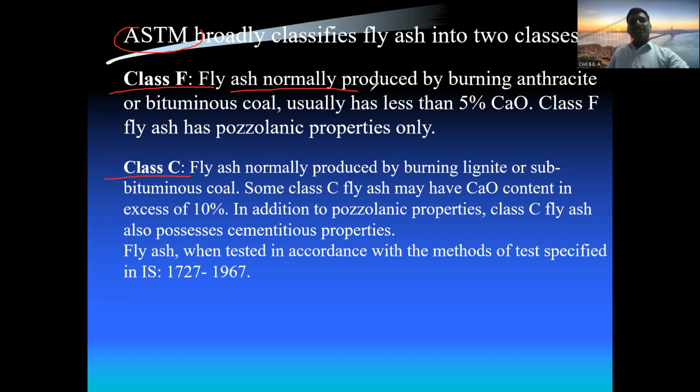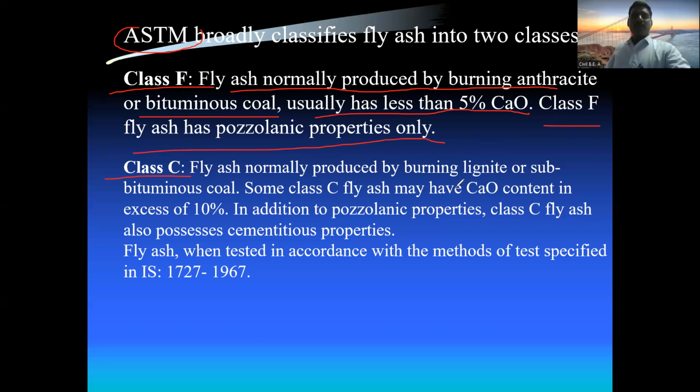Class F fly ash is normally produced by burning anthracite or bituminous coal, and usually has less than 5% calcium oxide. This class F fly ash has pozzolanic properties only.